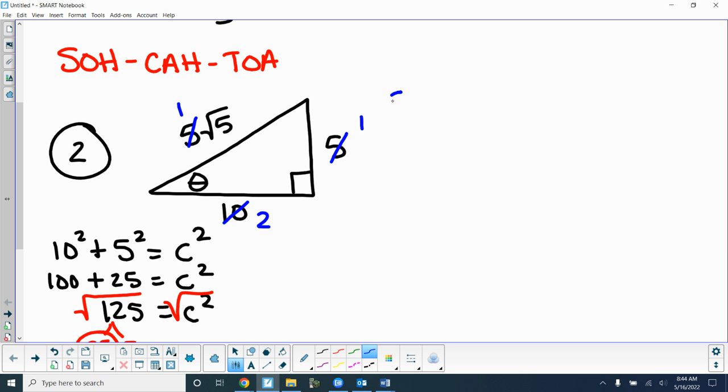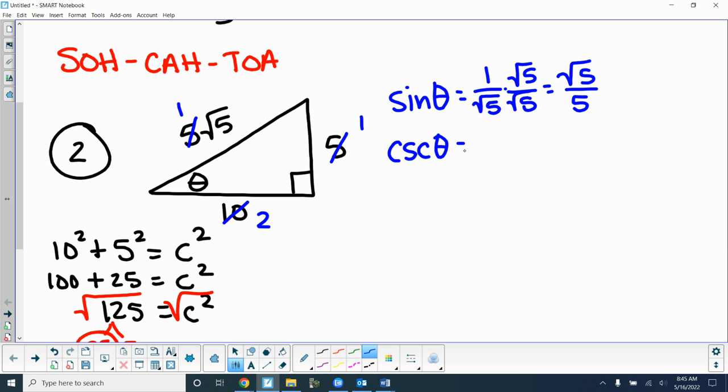And I'm going to do my SOHCAHTOA now. So sine of theta, opposite 1 over hypotenuse radical 5. Well, we can't leave it like that, so we have to rationalize it. So we get that. Square root of 5 times the square root of 5 is 5, right? So its reciprocal is cosecant.